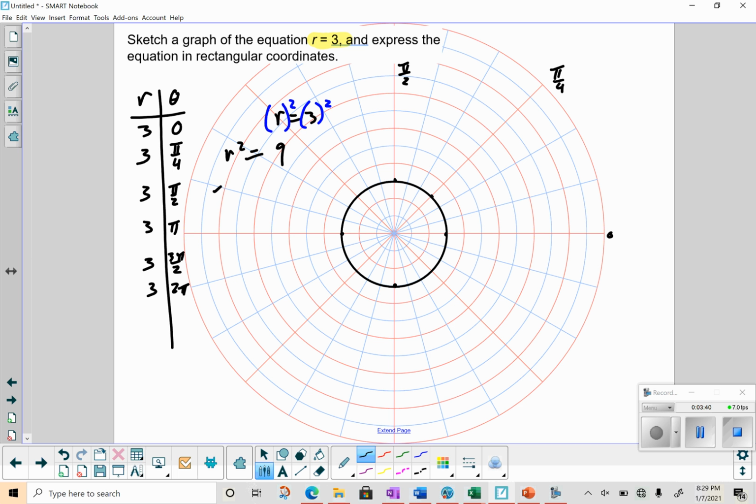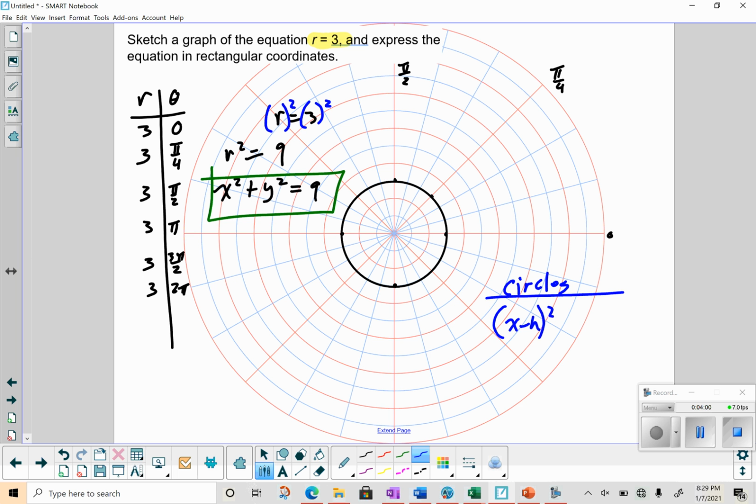r squared is equal to x squared plus y squared. So x squared plus y squared equals 9. That's our equation. Hopefully you remember from your study of conic sections back in Algebra 2, that's the standard form for the equation of a circle, where it is centered at the point (h, k).